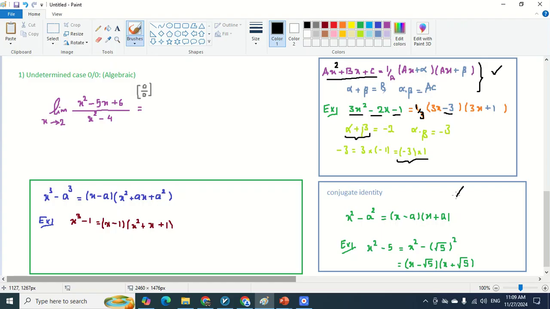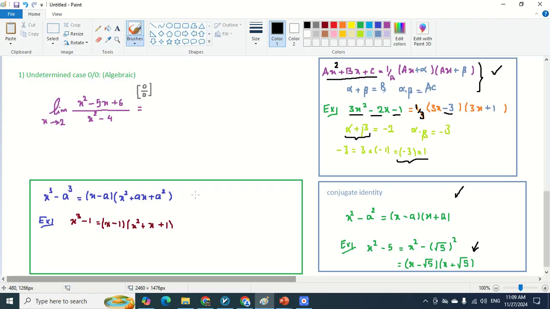The other type of identity that we should consider over here is the conjugate identity. When we have x squared minus a squared, you can factorize it as x minus a times x plus a. Even if the number is not a complete square, like 5, you can rewrite it as the root of 5 squared, and split it like this: x minus root of 5 times x plus root of 5.